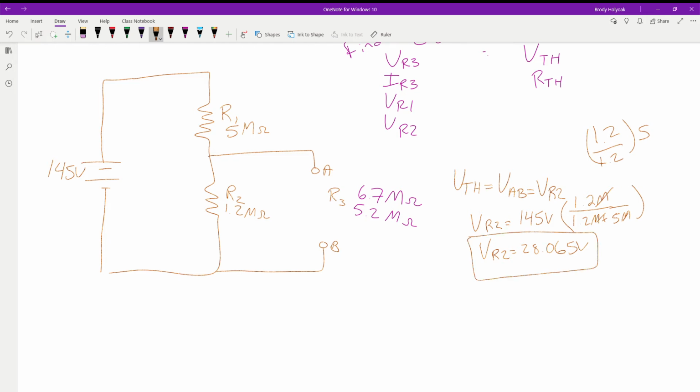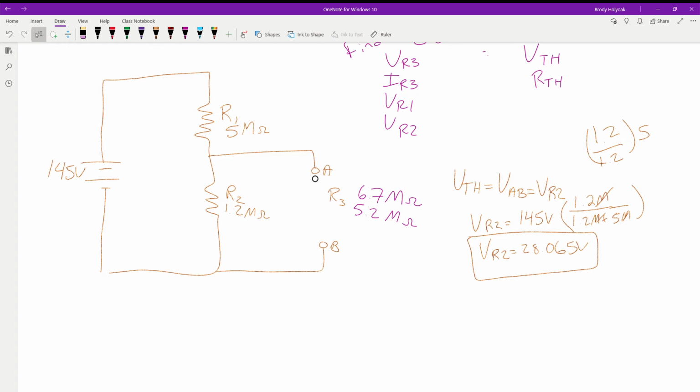In this case, the voltage that we found is not the actual one. This is our Thevenin voltage, not the actual voltage yet. Remember, the first step is we take out the load, and then we find V-Thevenin and R-Thevenin. To find V-Thevenin, we have to find the voltage between these two points, which is just the voltage we're going to calculate across R2.